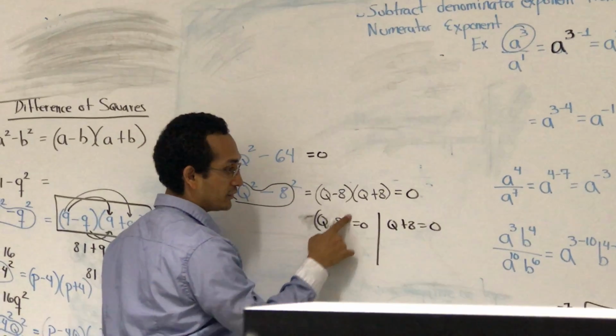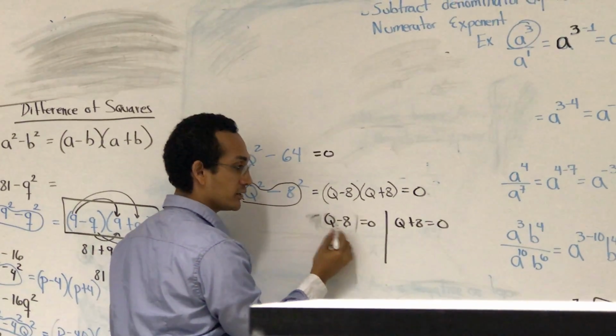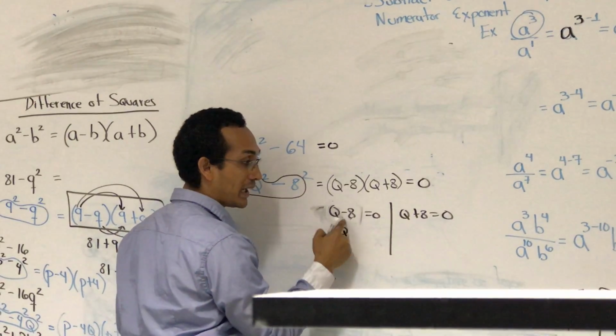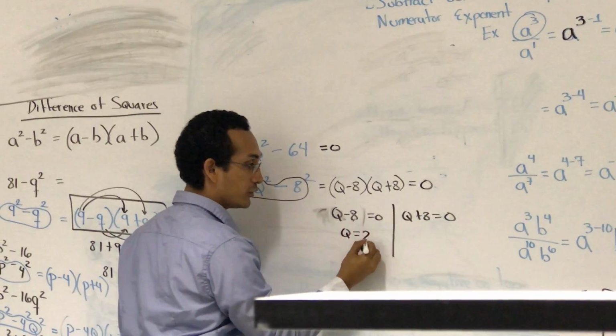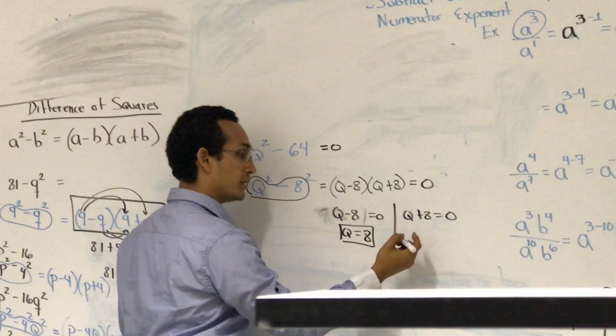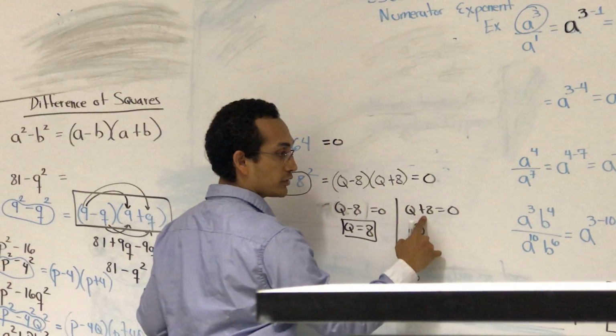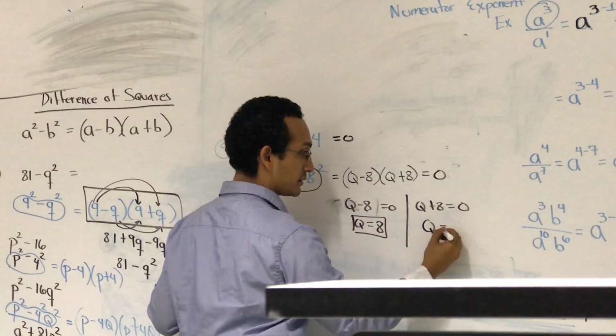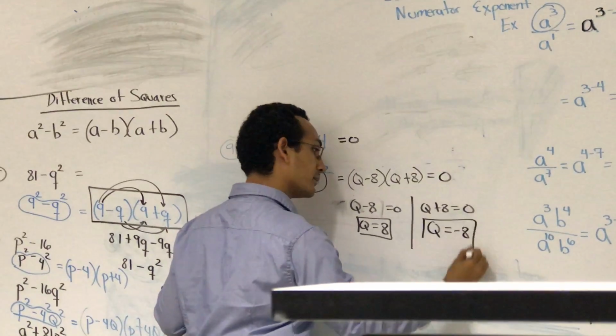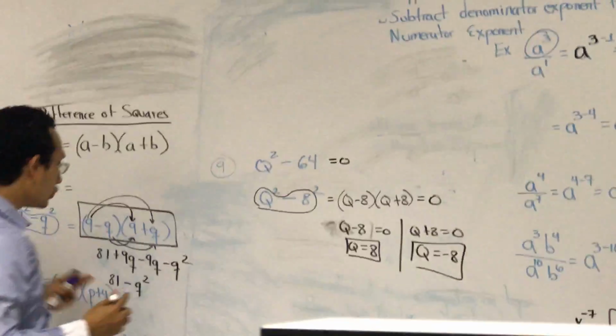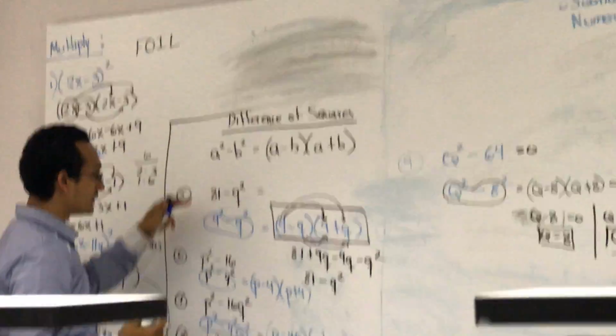Again, there's no need for parentheses anymore. So you add 8 to both sides: q equals 8. And here, subtract 8 from both sides: q equals negative 8. Same concept for every single one of them.